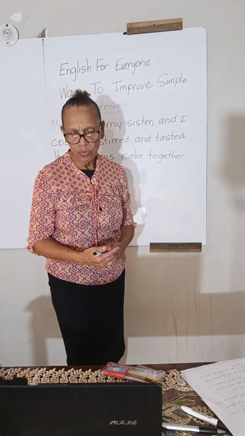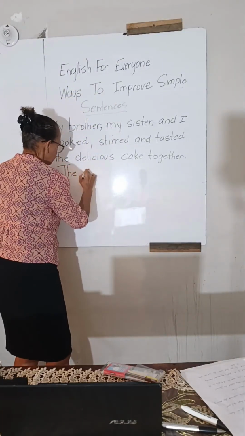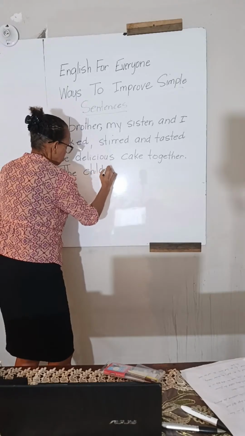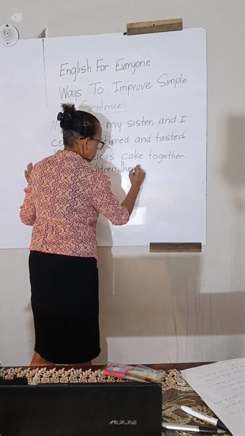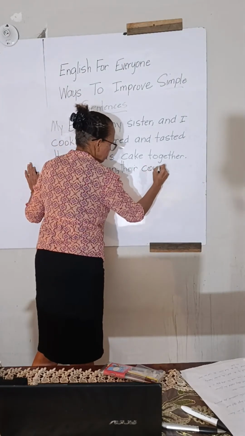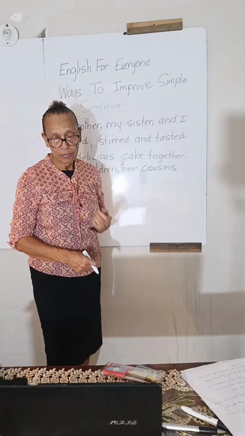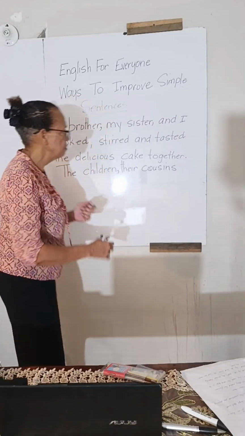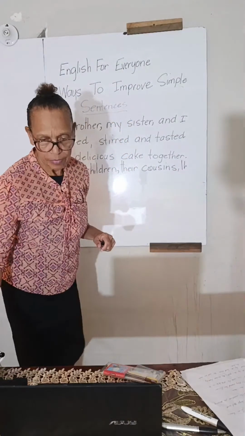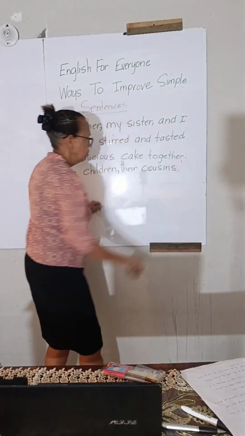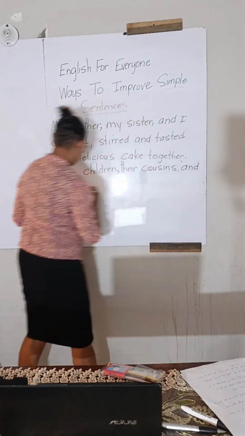This one now. The children, remember to put in the commas. Their cousins, and their neighbors.